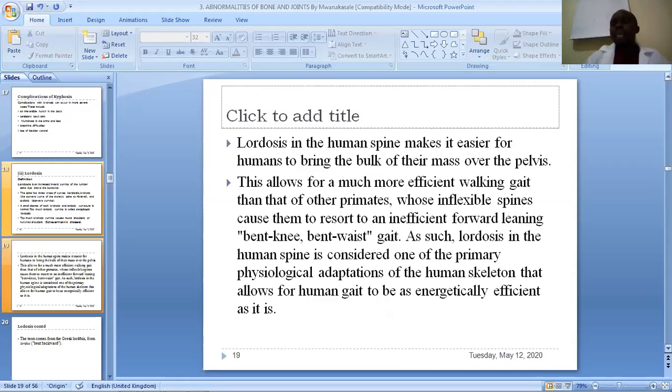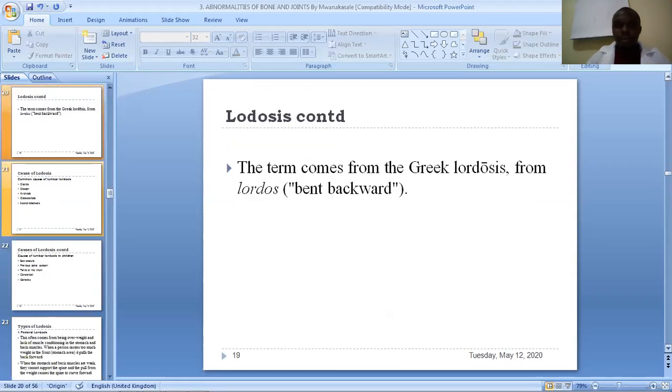Look at the way the monkeys and chimpanzees move. Usually their knees are a bit bent. It's because they lack that lordotic curvature on the lumbar region. So the term lordosis comes from lordos, which is a Greek term, which simply means bent backward.